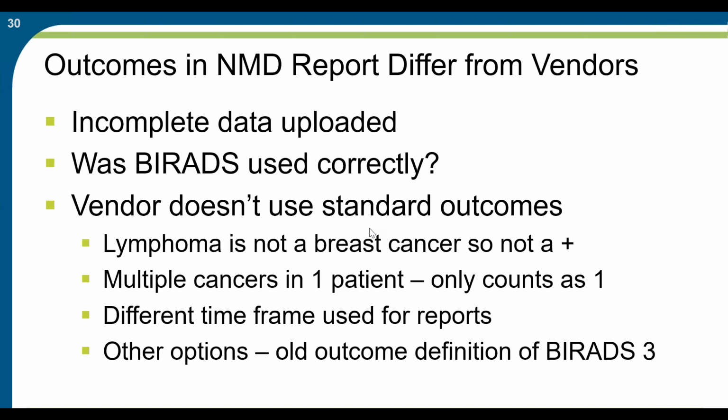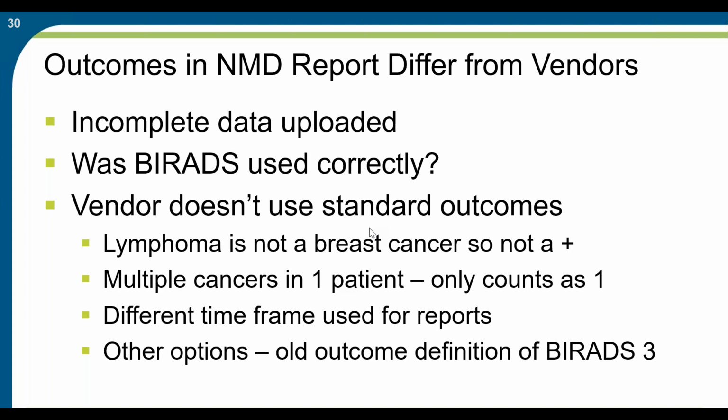So as Lou was explaining, the reports you see from NMD may be different from what you're expecting, which is what your vendor calculates. And again, there are a number of reasons for that. Incomplete data uploaded. Sometimes there are issues with how the report is formatted and what's included.